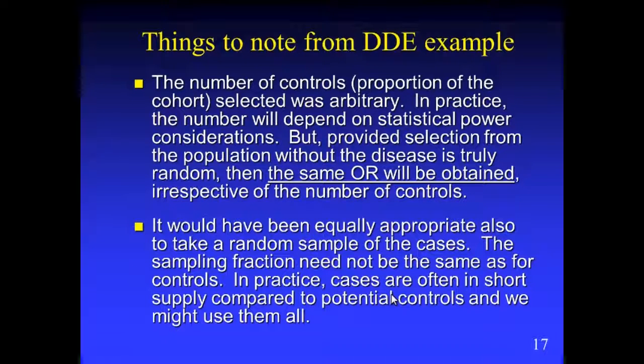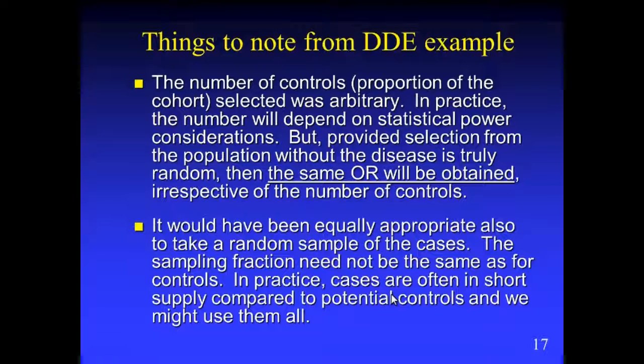One of them is that the proportion of controls that are selected was pretty arbitrary. I just took twice the number of cases, but I could have done it in pretty well any other way. And the key thing is that you select randomly from the non-cases to get your controls.